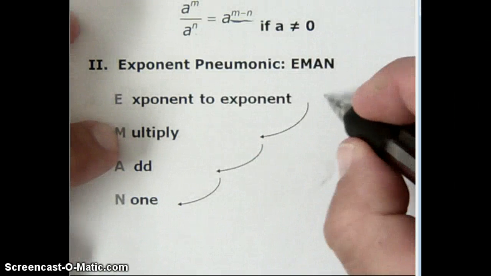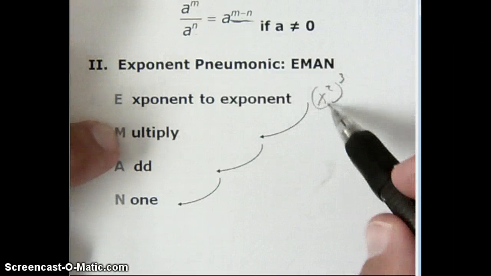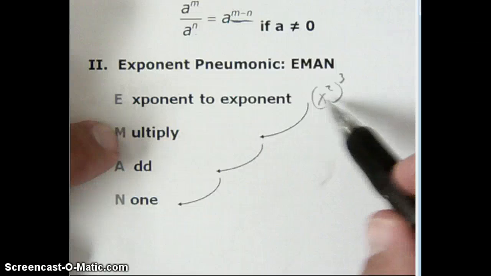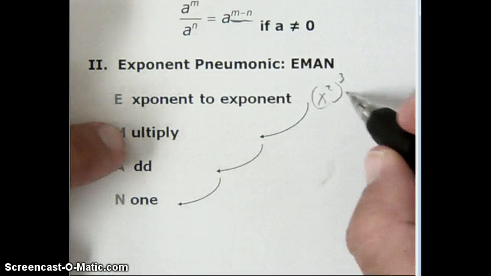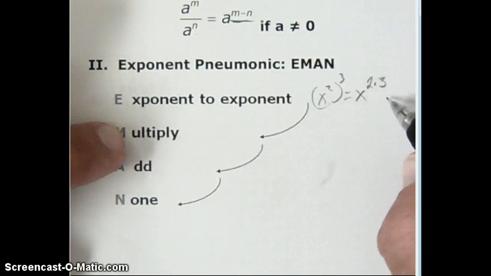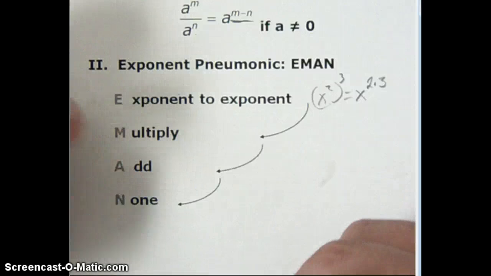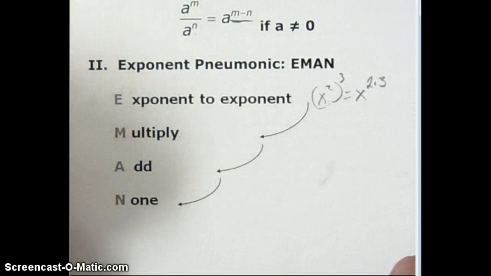Well, that's what we talked about last week. So that's like if I have x squared, cubed. If I'm at this step, then the next letter in E-man says you multiply the exponents. But it works for all the letters in E-man.